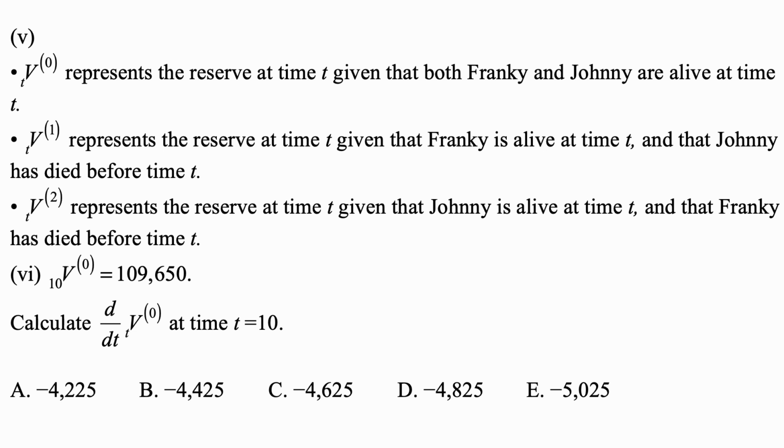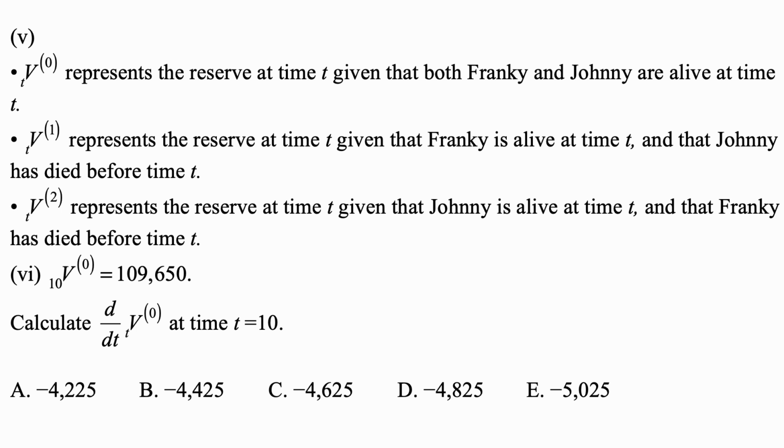We are also given that tV upper 0 represents the reserve at time t, given that both Frankie and Johnny are alive at time t. tV upper 1 represents the reserve at time t, given that Frankie is alive at time t and that Johnny has died before time t. And tV upper 2 represents the reserve at time t, given that Johnny is alive at time t and that Frankie has died before time t.